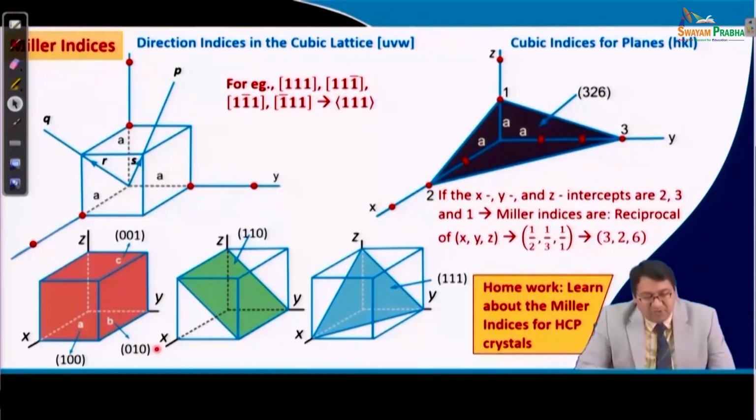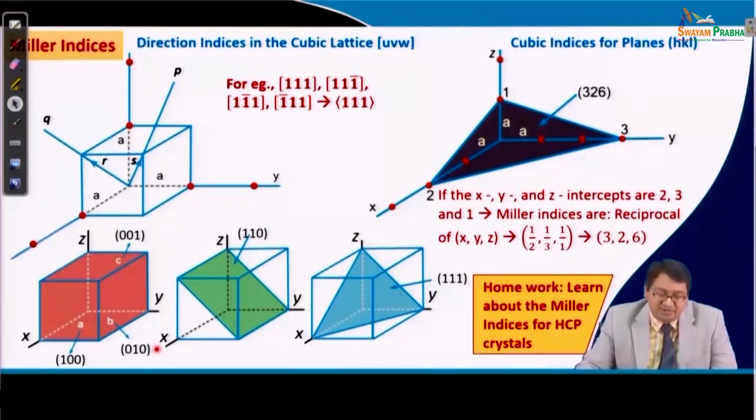So, it crosses the x axis at infinity. So, the Miller indices of this plane will be 1 divided by infinity, comma, 1 divided by 1, comma, 1 divided by 1. So, the Miller indices of this plane is not 1 1 0, it is 0 1 1.